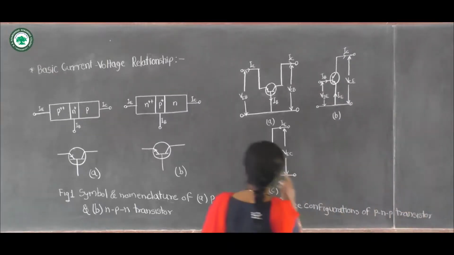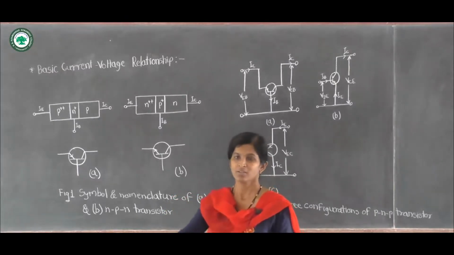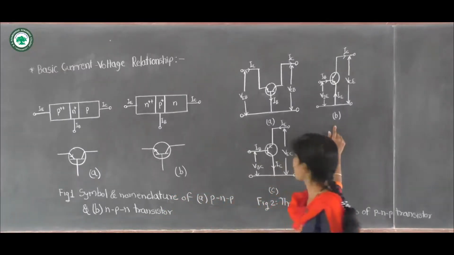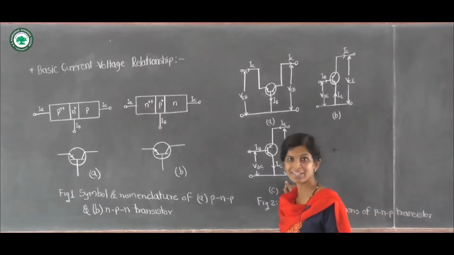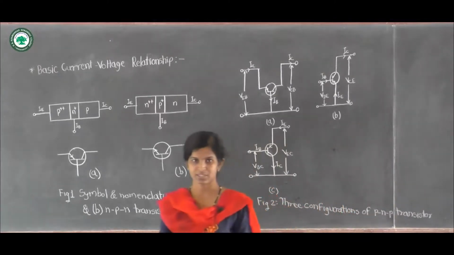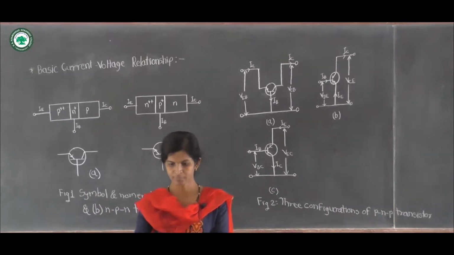That is, figure A shows the common base configuration, figure B shows the common emitter configuration, and figure C shows the common collector configuration.